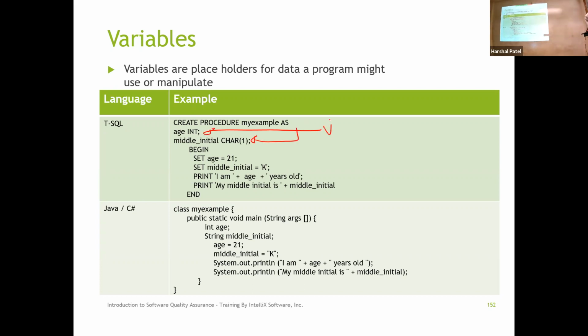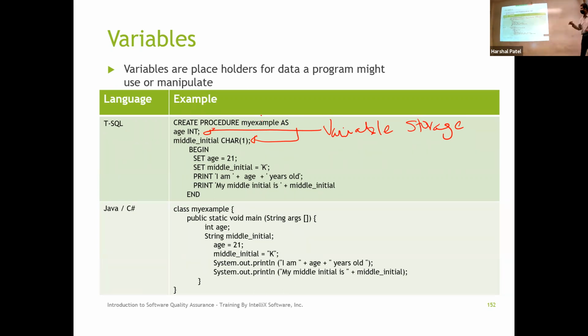Right. So this is the variable storage. Okay. So in this case, I still have my example as the procedure, which is saying, hey, this block is going to be known as my example.